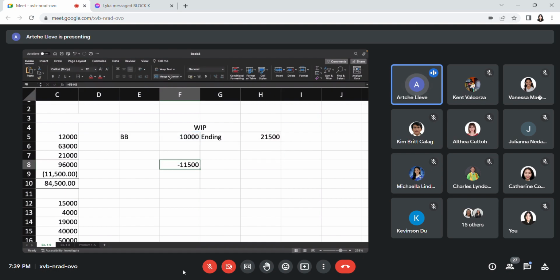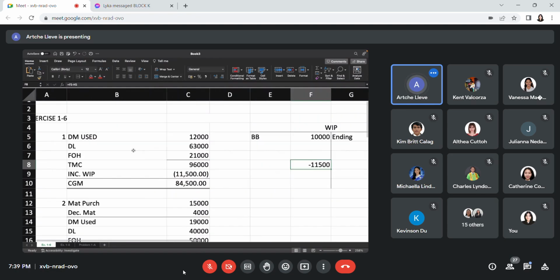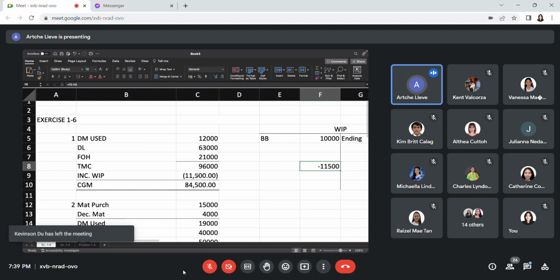Okay, 11,500. So it means that there was an increase in the balances of work in process. Considering that there's an increase in the balances of work in process, what we're going to do is you deduct this one. Okay, it remained.